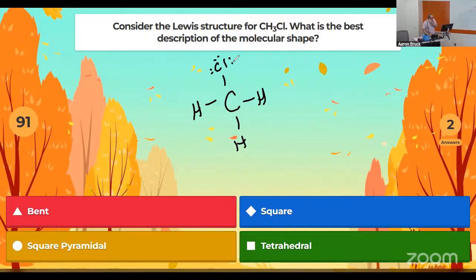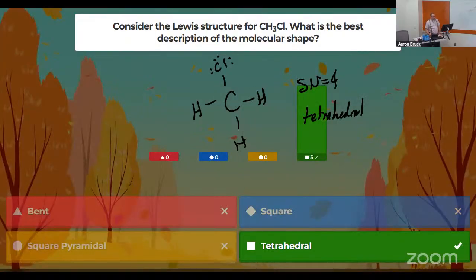We're going to be able to see pretty quickly what this is. And so I look at this and say, okay, steric number is 4. There are no lone pairs. This is tetrahedral. Need to do anything further with it. Sometimes it is just that simple.